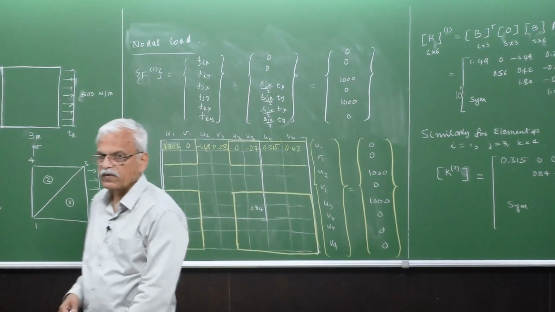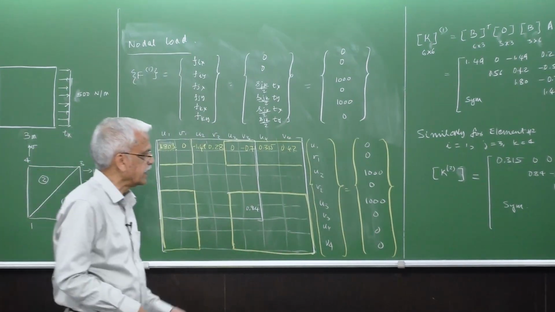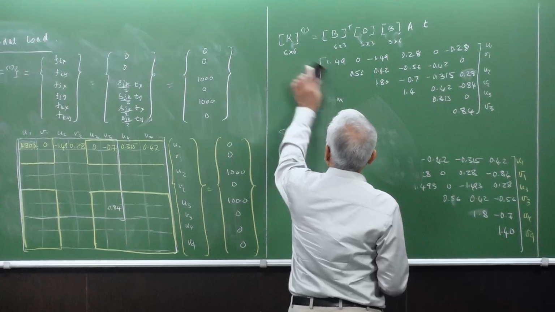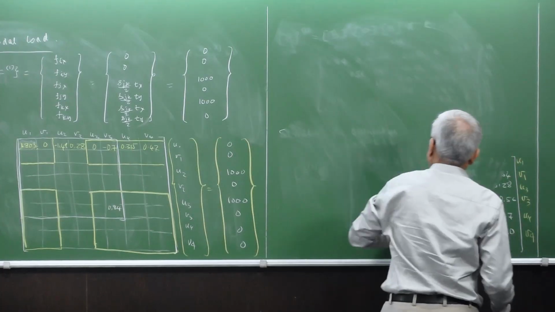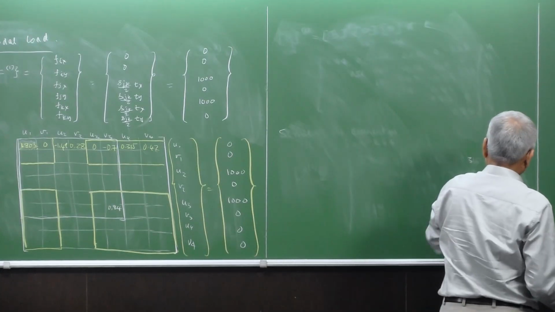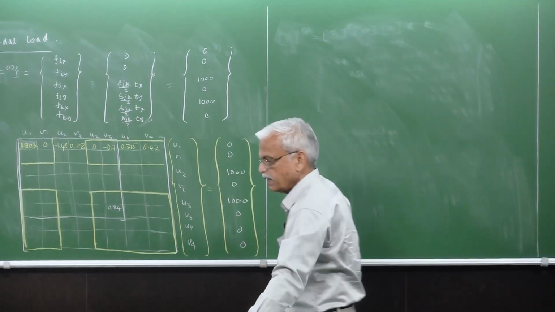So there are a couple of issues here. It looks like you have to take an inversion and you can solve it. That's what appears to be the mathematical approach.